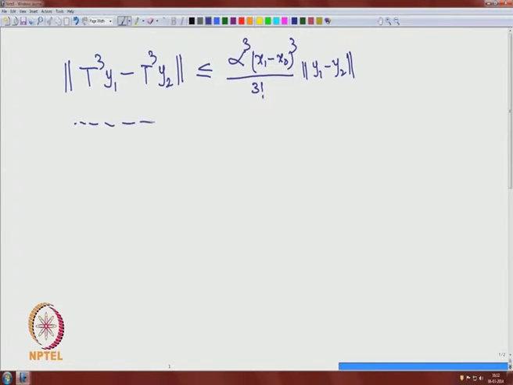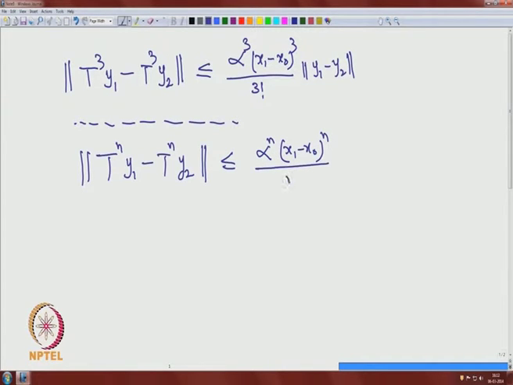So, if you continue like this, Tn y1 minus Tn y2 can be shown to be less than or equal to alpha to the power n, x1 minus x0 to the power n by n factorial into y1 minus y2.